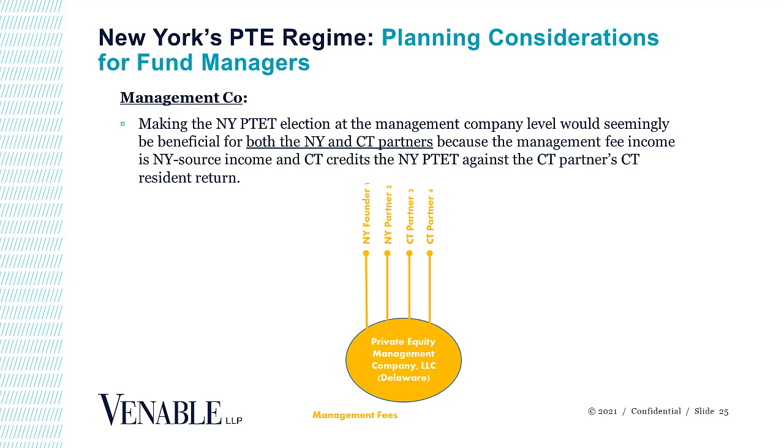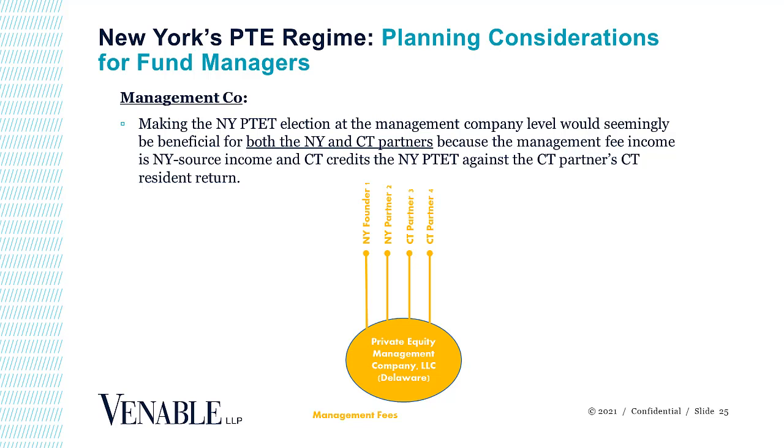And the Connecticut folks, as Walter was talking about before, if you're going to make this election, you don't want to screw over non-resident owners of the entity that are in a state that doesn't allow the credit. But because in this example, it's a small universe with just 4 folks, 2 New York, 2 Connecticut, you can be comfortable that the Connecticut folks are also going to benefit.